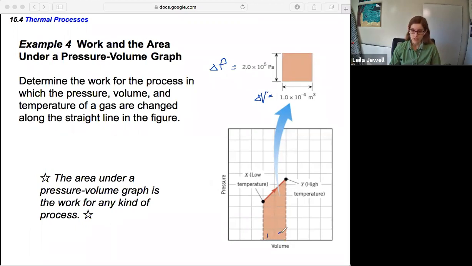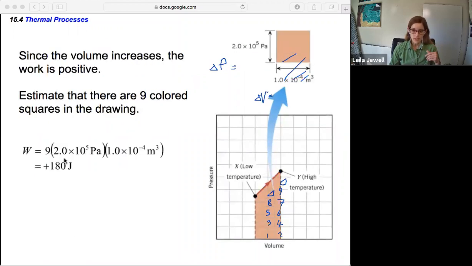So let's see, 1, 2, 3, 4, 5, 6, 7. And then it starts to get a little hard, but noticing that there are these extra little triangles here, those could probably fill in. So I would say we could even count these last ones as 8 and 9, that we have 9 boxes. Once we know we have 9 boxes, then we can just take that number of 9 and multiply it times the area of one box, and that will give us the total work under the curve.